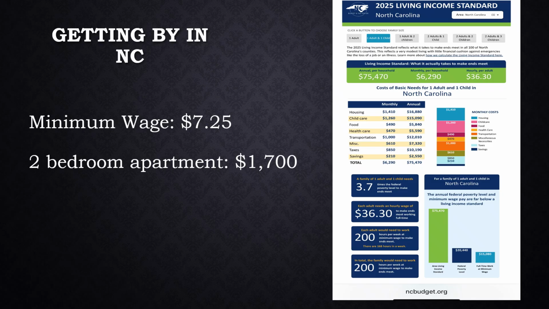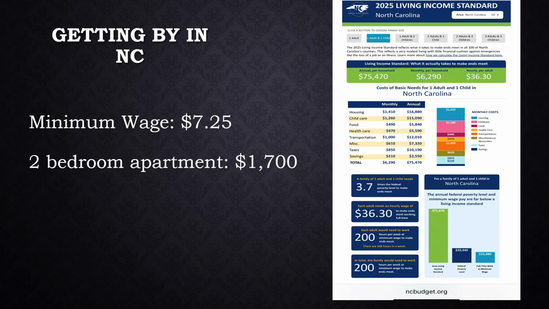Now I've included a chart from NorthCarolinaBudget.org, and this breaks down how much someone would need to survive, and this is with one adult and one child, or two people in the household. So it breaks down what the person would typically need to survive, and I'd like you to look at it a little closer if you can.